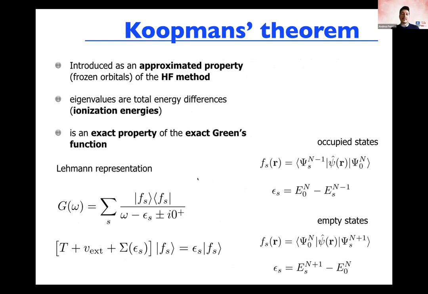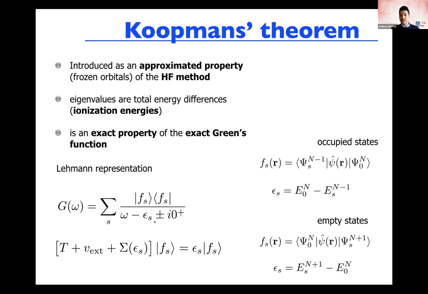Okay, so also a reminder of Koopmans' theorem. Just because we talk a lot about Koopmans, we meet Koopmans' theorem in the Hartree-Fock method, as within the frozen orbitals approximation, we have that eigenvalues are total energy differences. Actually, I think it is worth reminding that this is an exact property of the exact Green's function.